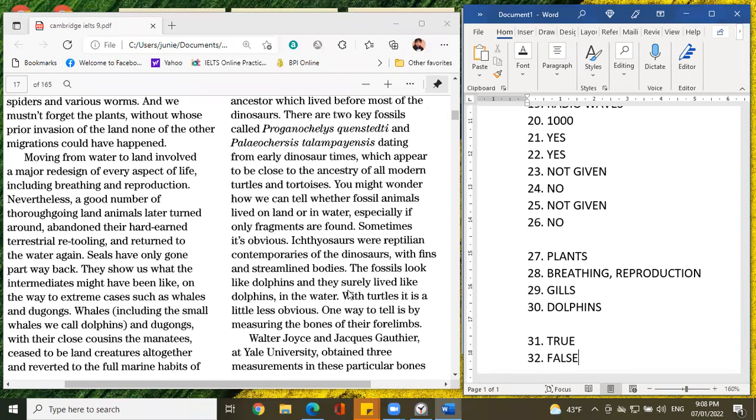The fossils look like dolphins, and they surely lived like dolphins in the water.